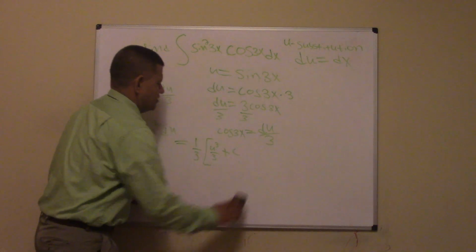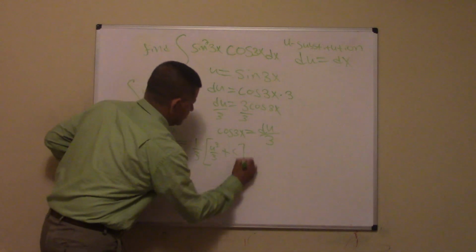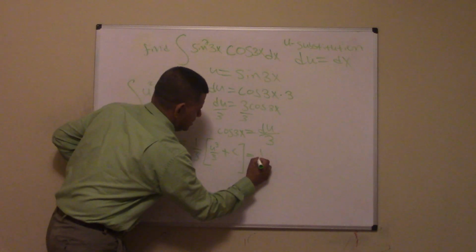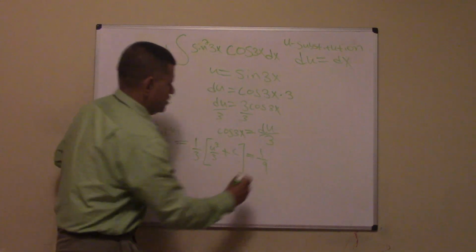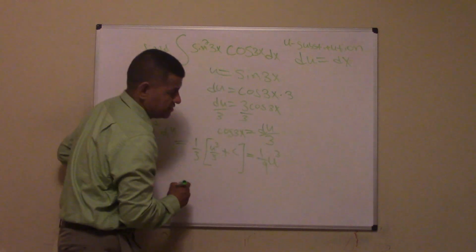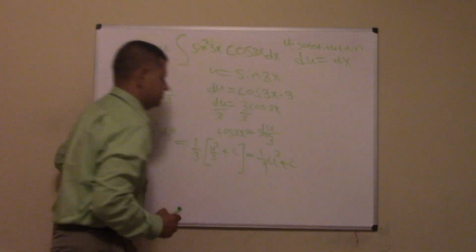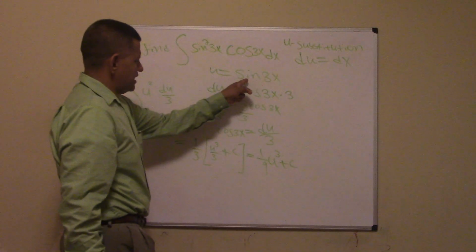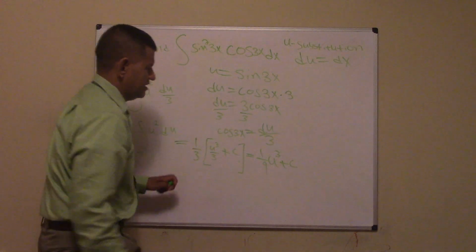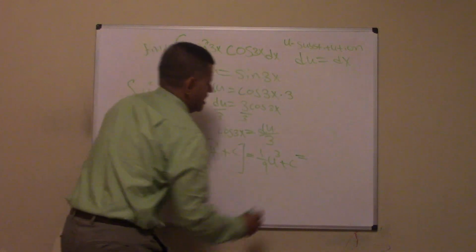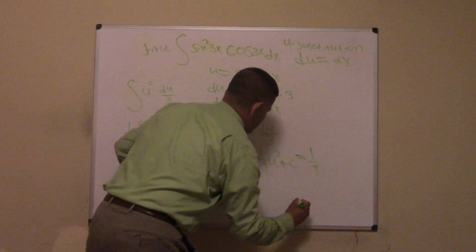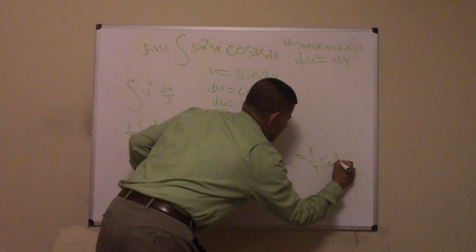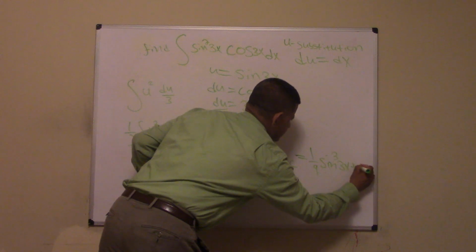So now I just multiply, it's 1/9 u cubed plus c. Then I substitute this back. Well, u was equal to sine 3x, right? So therefore 1/9 sine cubed 3x plus c.